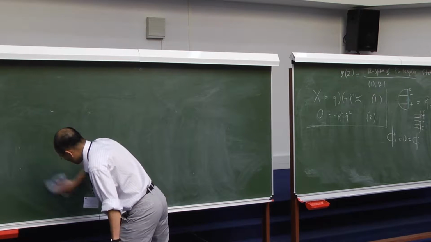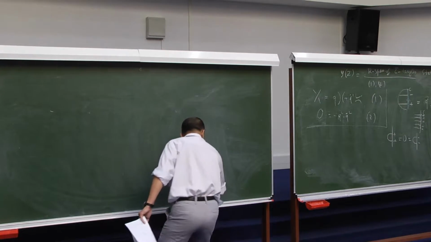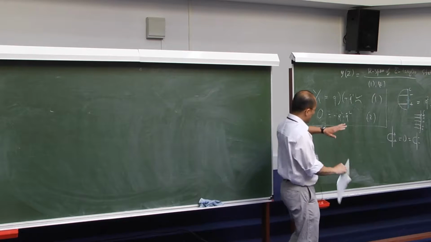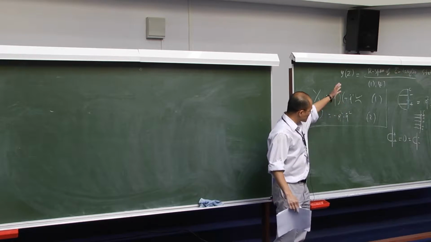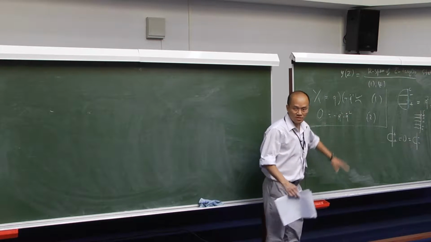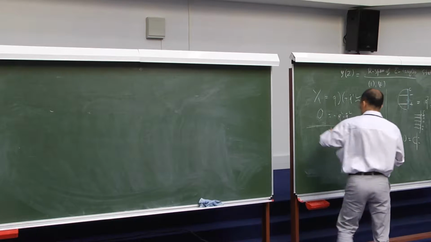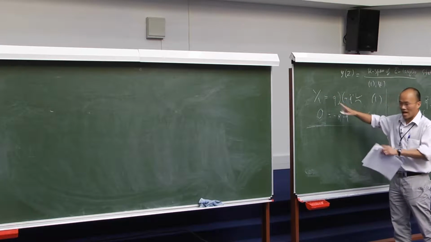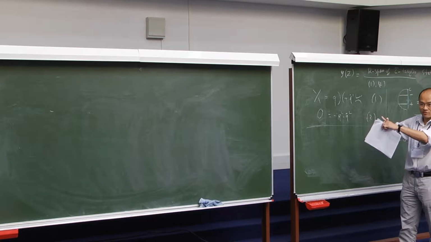Now if you look at a tangle diagram on the surface, using this here, you can avoid any double point, any crossing.